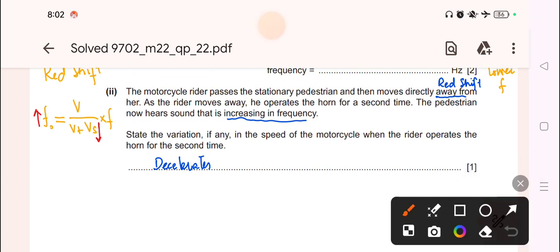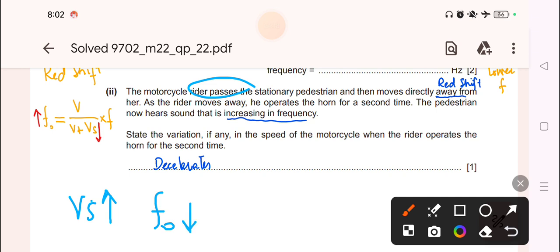So it has passed. The redshift means the frequency is decreasing. But you have to keep in mind, the frequency will always be less than the actual. But if the speed of the source is increasing, then according to this formula, the frequency observed will be decreasing.